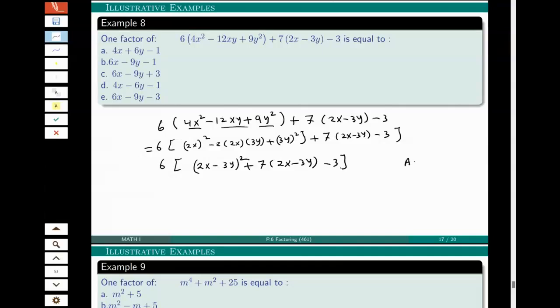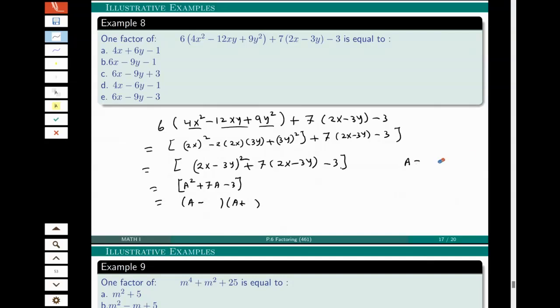Now you can say this is a, which is 2x minus 3y, so this will be equal to 6a squared plus 7a minus 3. So when you expand this one, it will be a times a, and we have... no, sorry, the 6 is here.